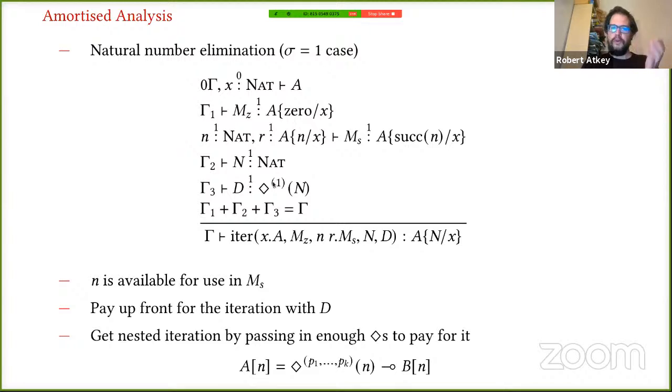So the type of the overall function will be, here's my input, and then depending on the size of the input, these are the amount of diamonds I need. So the type will tell you that that function consumes this many diamonds, and that's going to be an upper bound on its runtime.